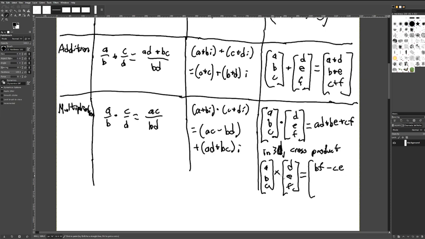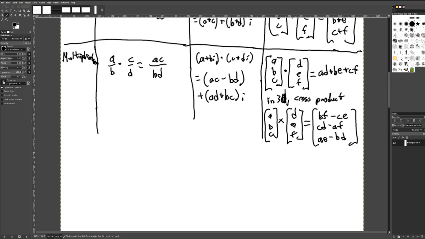And then for the second component, you ignore these guys, you start with the next one down. You can look up how to do cross products, but it ends up being cd minus af, and then we get ae minus bd. So this is the cross product.